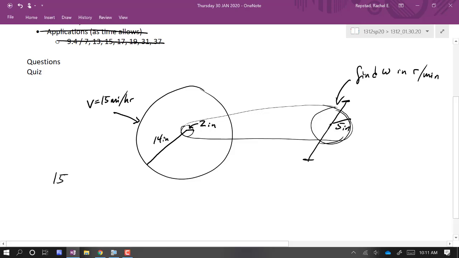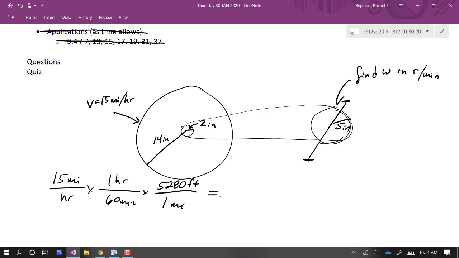So 1 hour, 60 minutes, 1 mile, 5,280 feet. So 15 divided by 60 times 5,280, 1320 inches per minute.